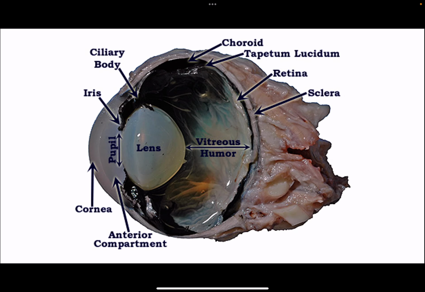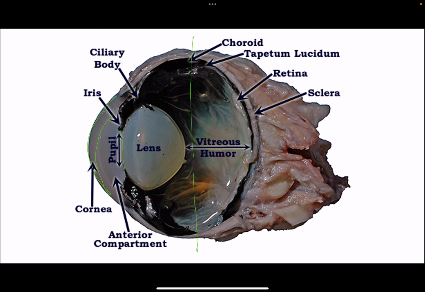This again is the cornea, pupil, lens. This is a longitudinal cut. Sometimes we do a cross section, cut like this. You can dissect this cow eye in different ways.